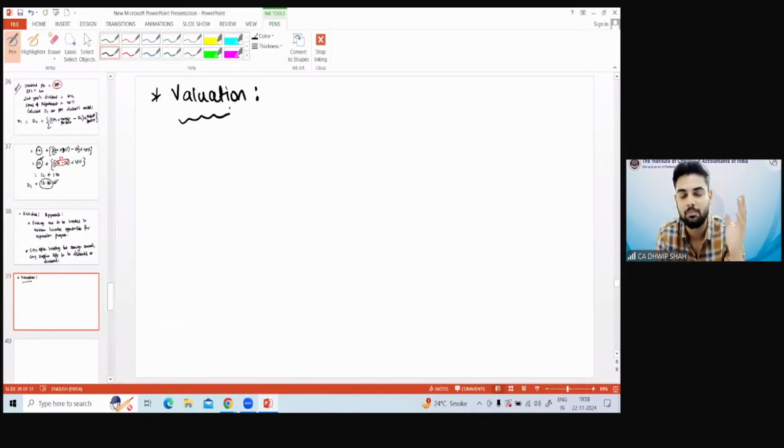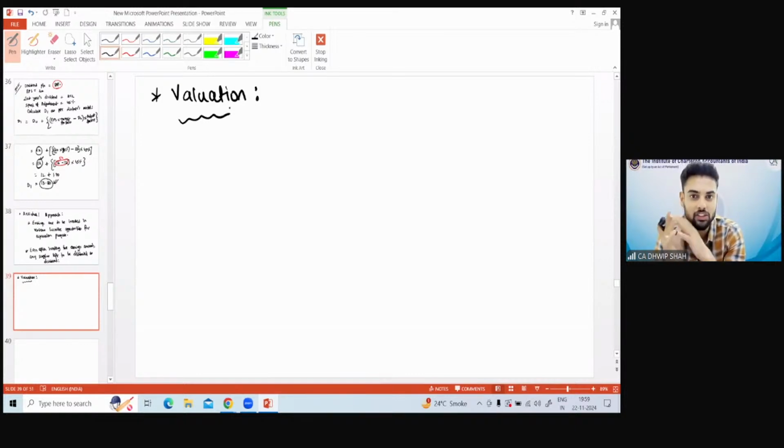Again, valuation is a very big ocean. You have n number of models. You have numerous methods available to value a company, to value a firm, and all of them are acceptable. I would even say you can prepare your own valuation model. You just need to justify it to the person sitting opposite you.